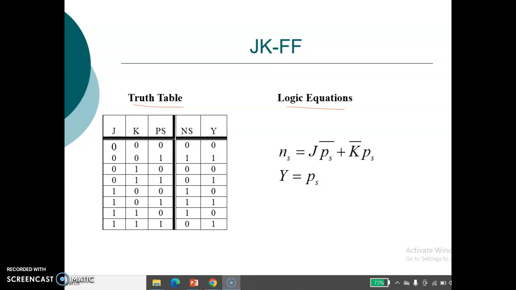We have already seen in the last video itself: next state, NS, equal to, already we have seen, J. This is for J here 1, that's why J; present state we have 0, that's why PS for this.